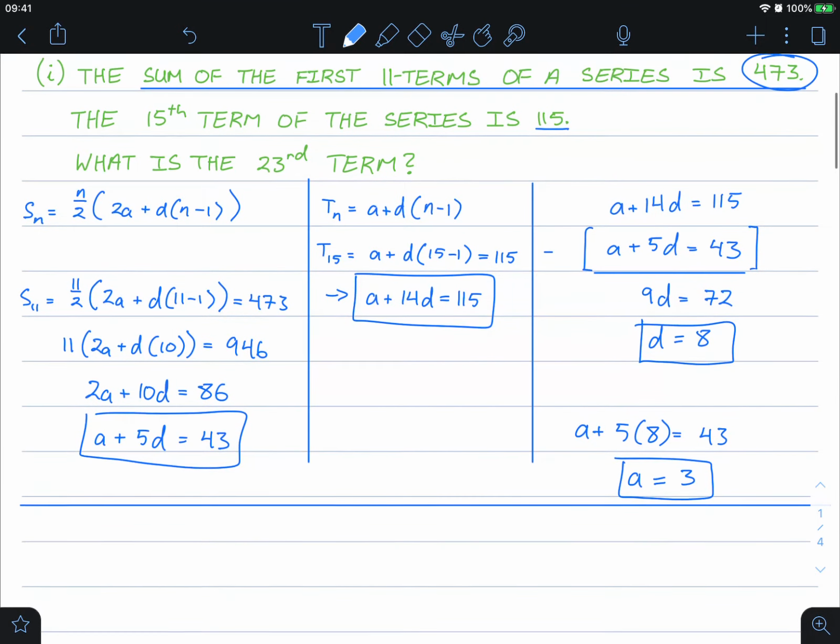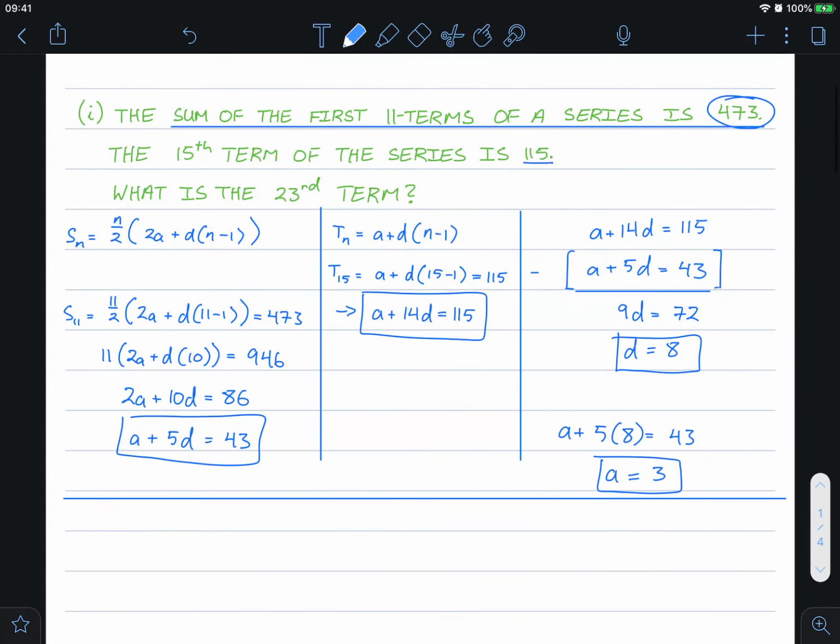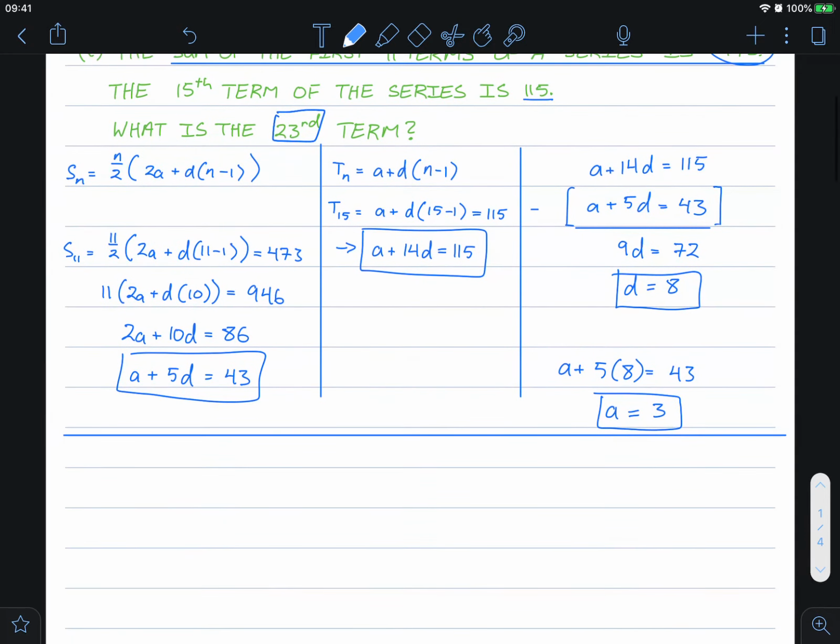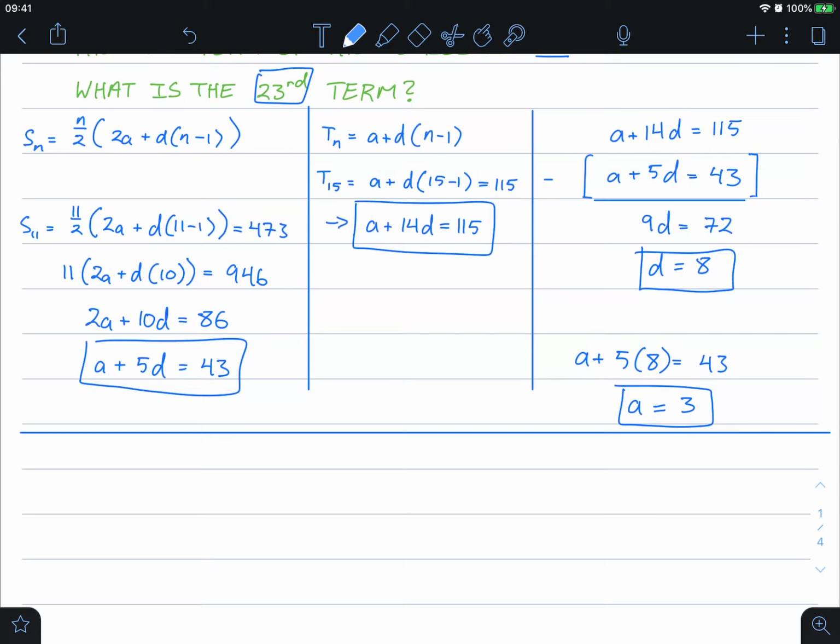So we're nearly done. It's now asking for the 23rd term. Well, using our t of n, we have now 3 plus, the common difference is 8, sorry, so 8(n minus 1).